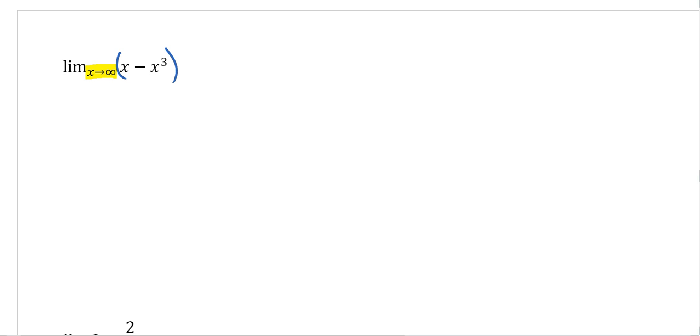Our goal is to set up some kind of fractional expression here. What you can do is factor out an x to the power 3 here, and if you do that, you would get x to the power 3 bracket 1 over x squared minus 1.